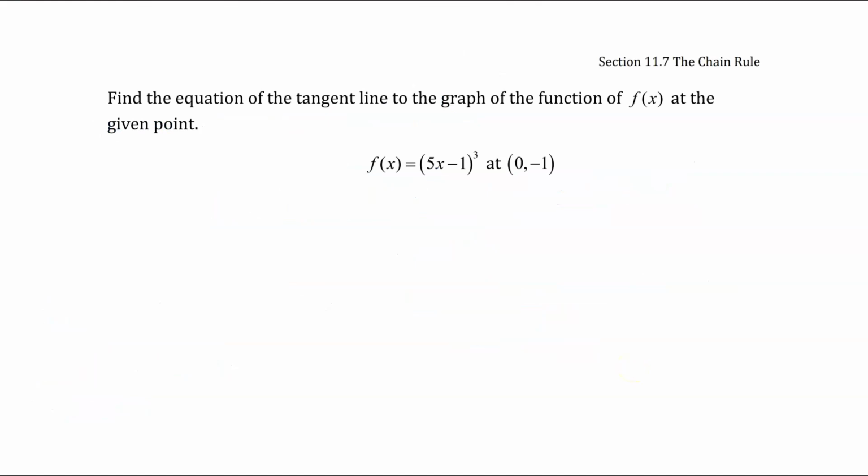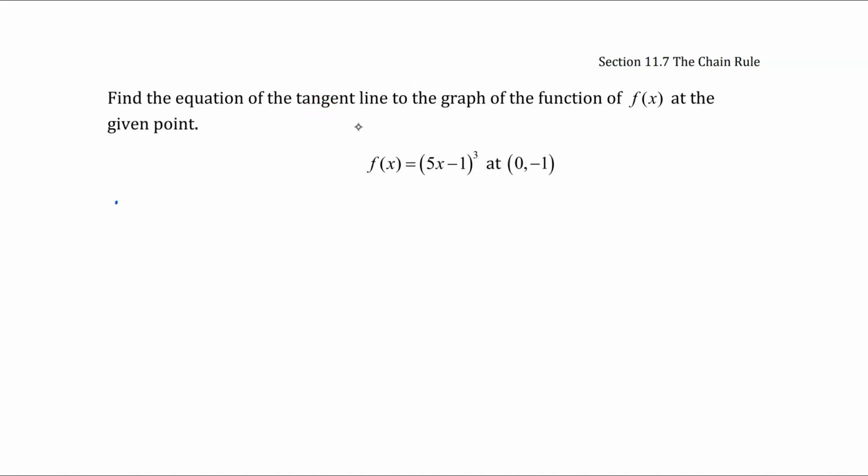Now let's consider the following example. Find the equation of the tangent line to the graph of the function f at the given point (0, -1). Now to find the equation of the tangent line, we first have to find the slope.